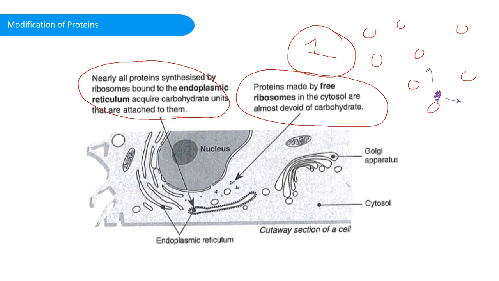However, nearly all proteins synthesized by ribosomes bound to the endoplasmic reticulum, so I don't know whether you can remember the rough endoplasmic reticulum or the RER, acquire carbohydrate units that are attached to them.